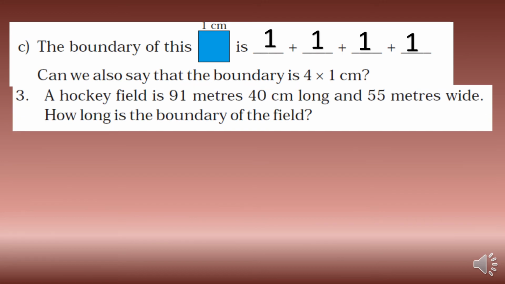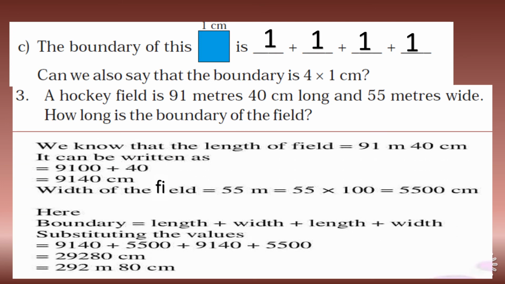Question number 3, a hockey field is 91 meter and 40 centimeter long and 55 meters wide. How long is the boundary of the field? So we know that the length of the field is 91 meters and 40 centimeter. We know that 1 meter equals 100 centimeter.